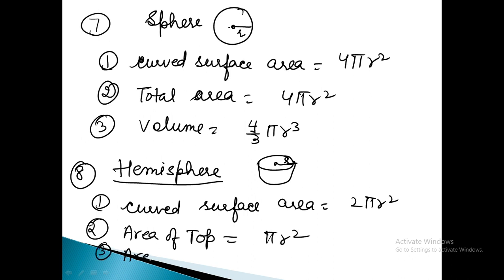Total area is equal to 3 pi r square, and volume is equal to 2 by 3 pi r cube.